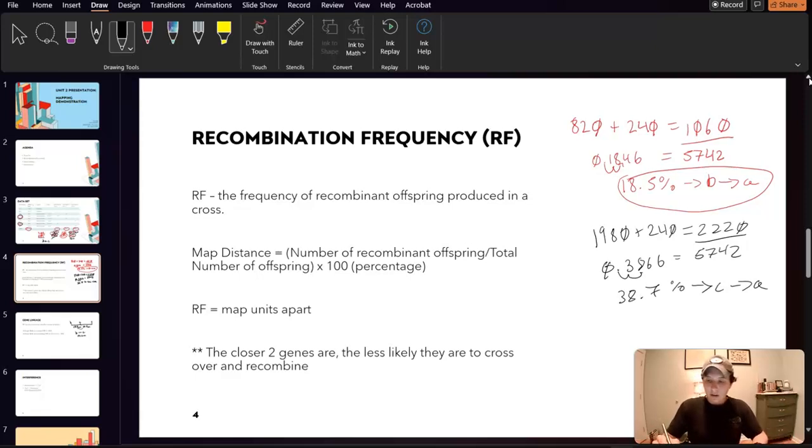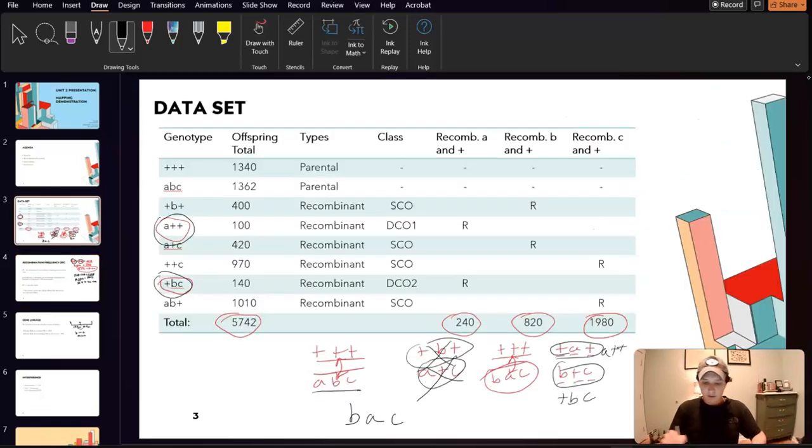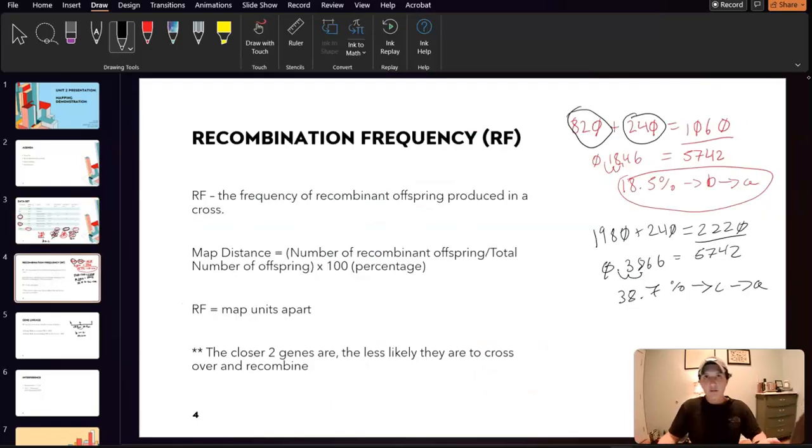So 820, this is the number of B recombinations, and then 240 is the number of double crossover events. So you see here 240, and then 820 B. So this should give us the distance between B and A, right? A was our double crossover event.